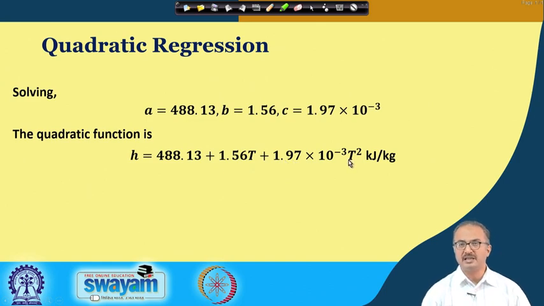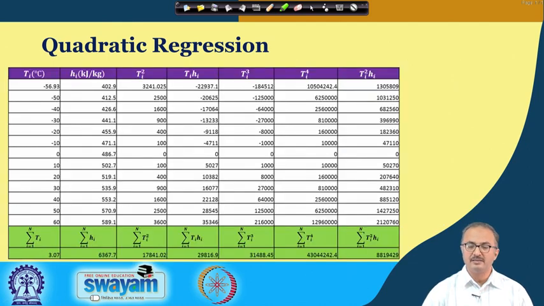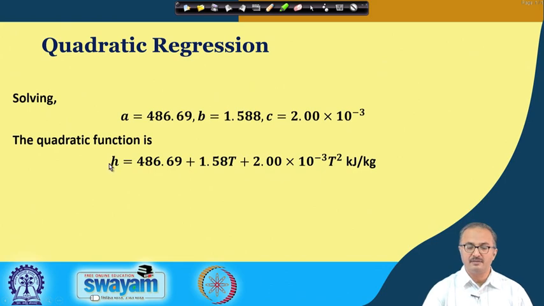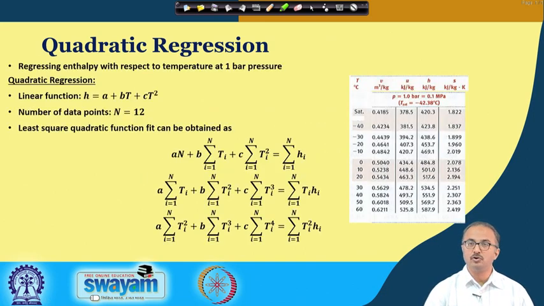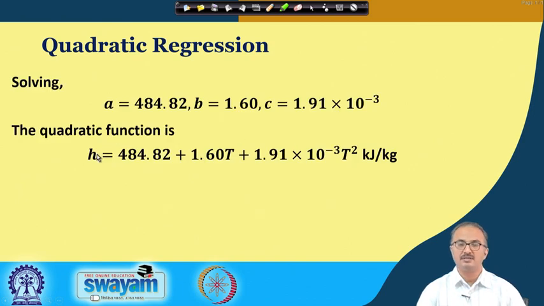We find there is a slight change in the values of A, B, C. We go for a higher pressure, 0.5 bar, repeat the same steps, and find the values of the variables and the equations in which we plug them, giving another enthalpy function with respect to temperature. Then we go for 1 bar pressure and, repeating the same procedure, get the quadratic function for enthalpy at that pressure.